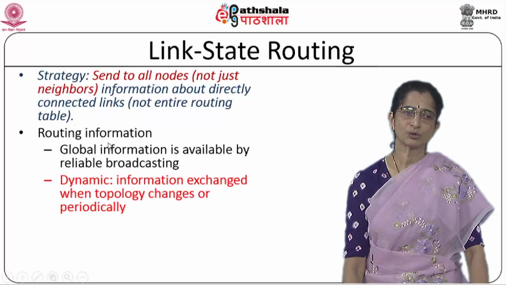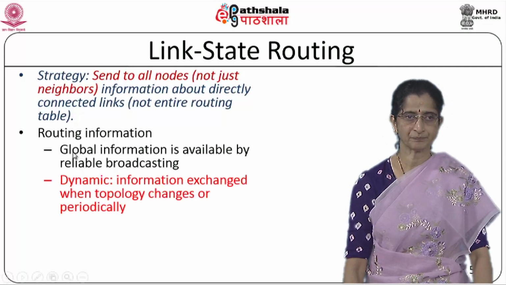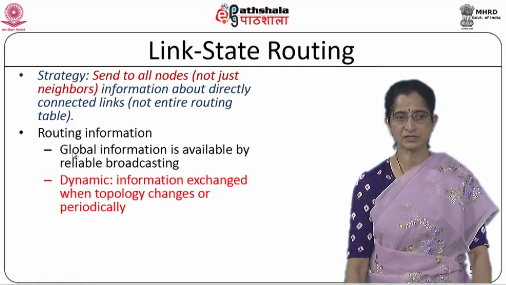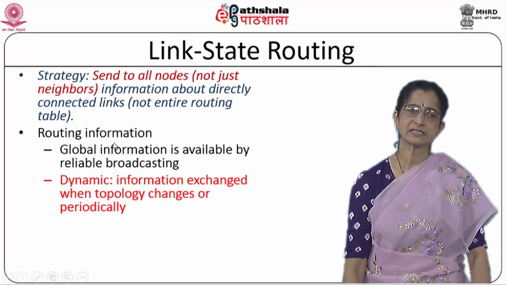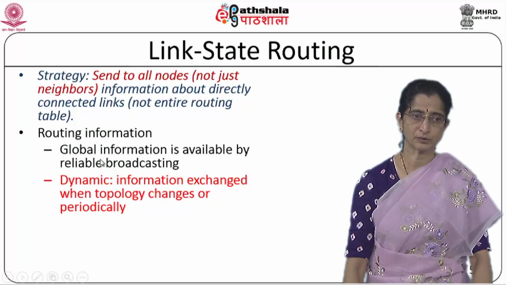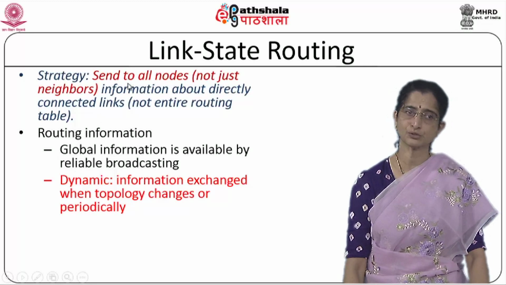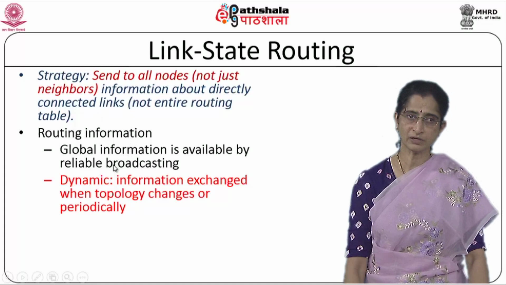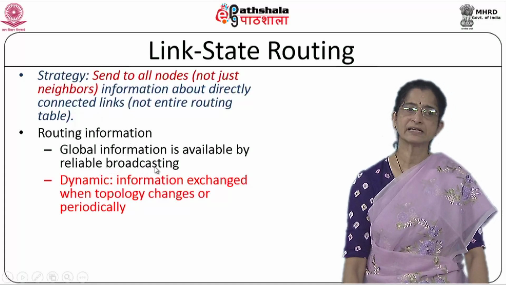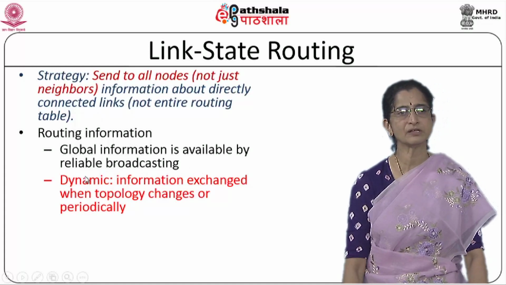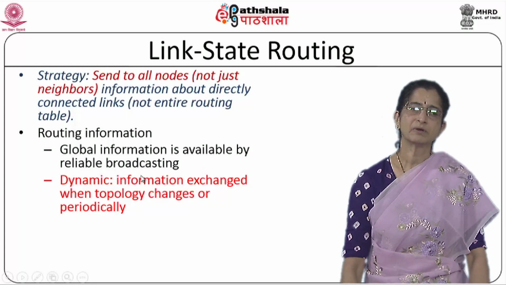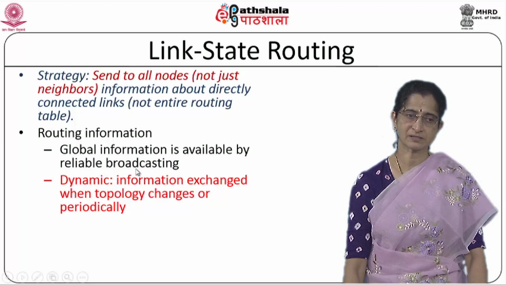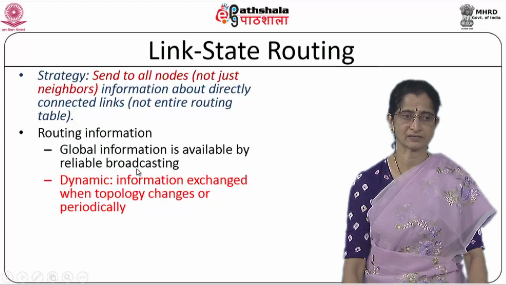What this process results in is that the routing information is obtained in a global manner, because everybody's information is given to all the nodes in the network. So, global information is available and it is made available to everybody by means of a process called reliable broadcasting. You need to broadcast it, but we use a reliable broadcasting mechanism to make sure that everybody gets this information.